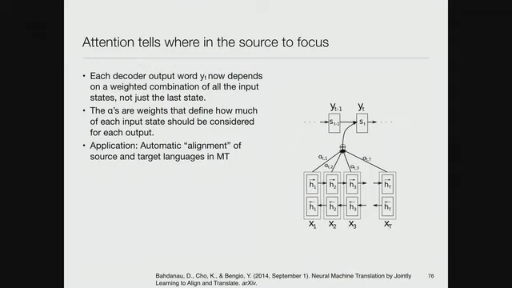And so they created this idea that in addition to passing along this vector that encodes the meaning of the entire input and the previous word that you had generated in the output, we pass along this other information that says which of the input words should we pay attention to and how much attention should we pay to them.